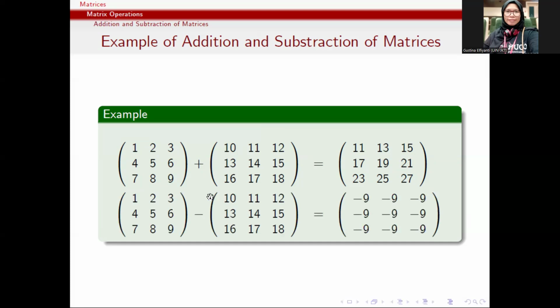And for minus, we also do it in the same positions. So we get 1 minus 10 is minus 9, 2 minus 11 is minus 9, and we do it until 9 minus 18, we get minus 9. So we get this one as A minus B.